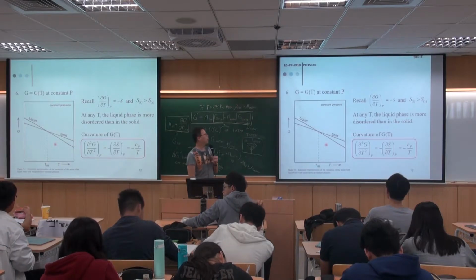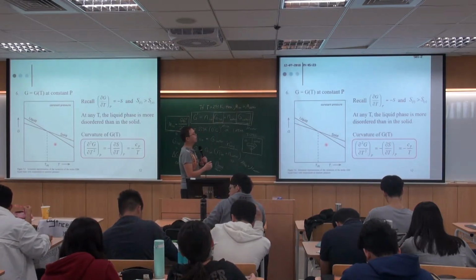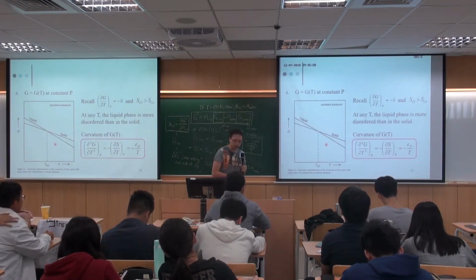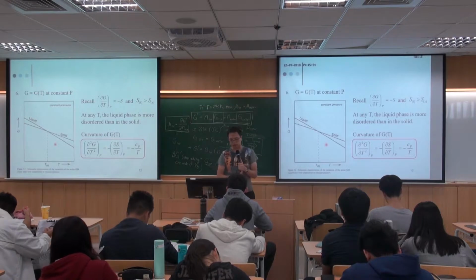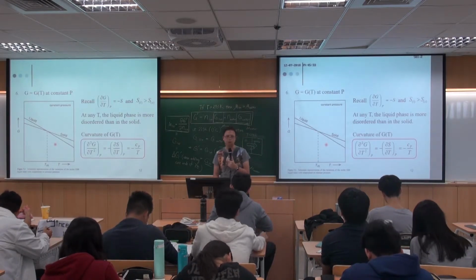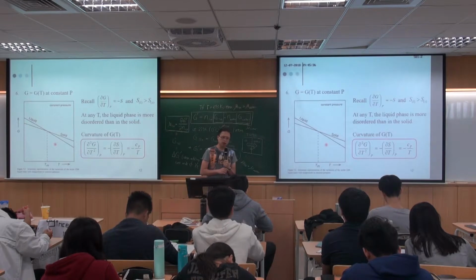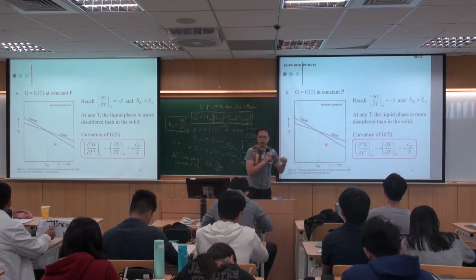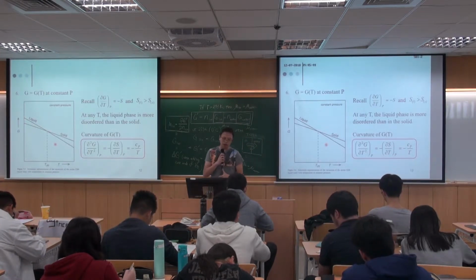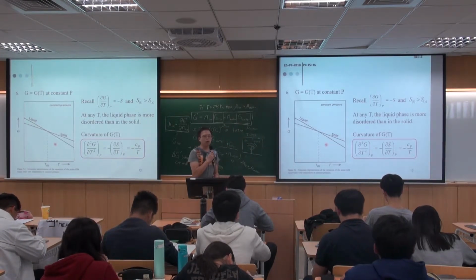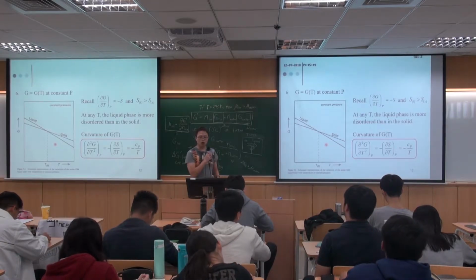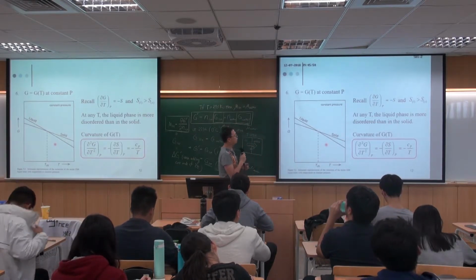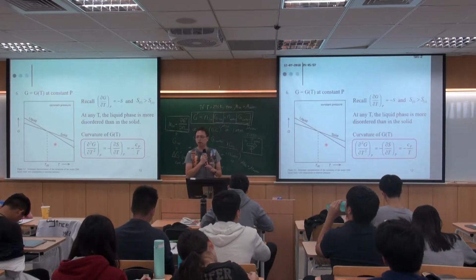So let us look at just the Gibbs free energy plot as a function of temperature. I think this plot will be a little bit different if you're using the newer version. For the older version, these two trend lines, which represent the Gibbs free energy for liquid phase water and solid phase water as a function of temperature, look more like straight lines. But in fact, they should have some sort of curvature.